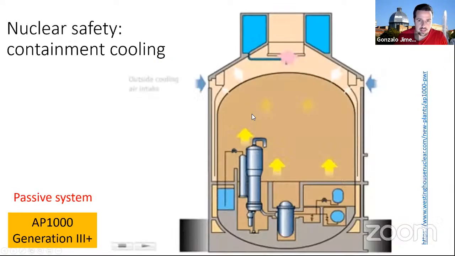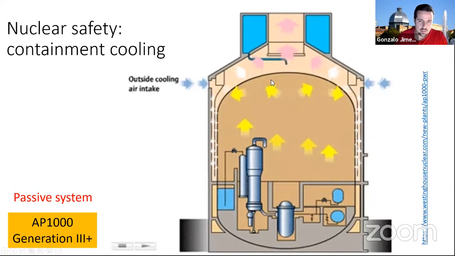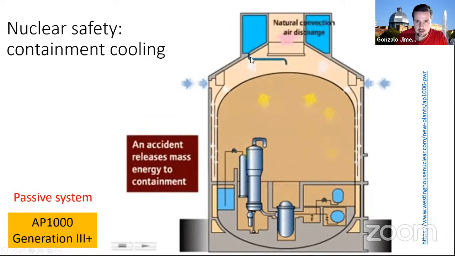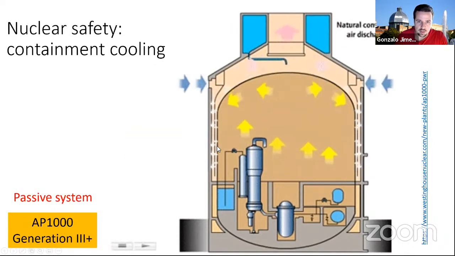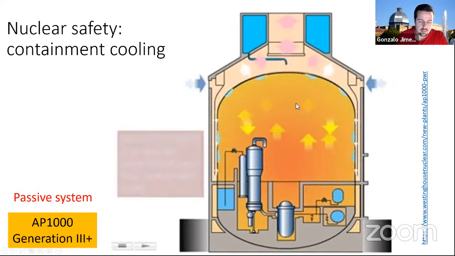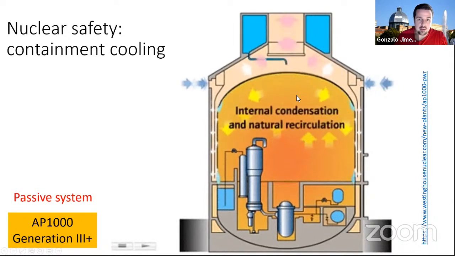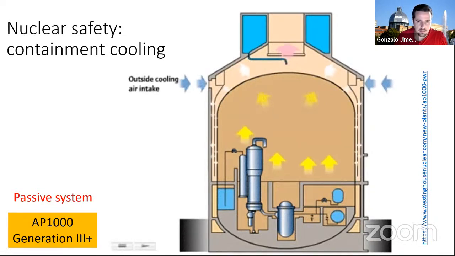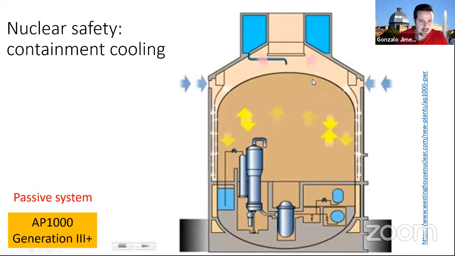In case we need more than that, because it could be not enough in an accident, we have this big tank here that can discharge water around the metallic layer, and then we will also have this cooling by water on the outside. Everything is done without any pump or any active system, so only opening valves if needed.